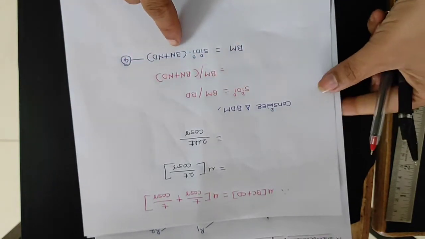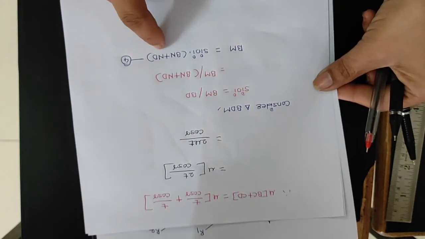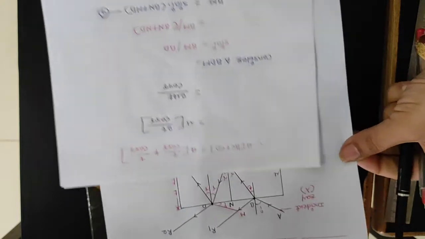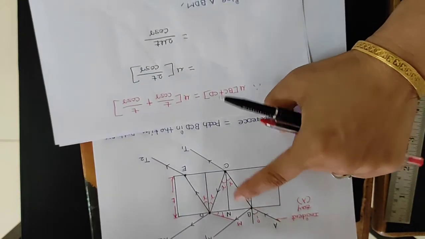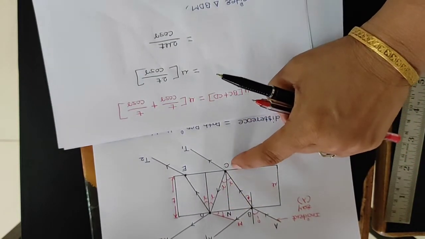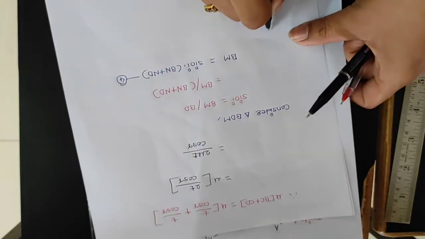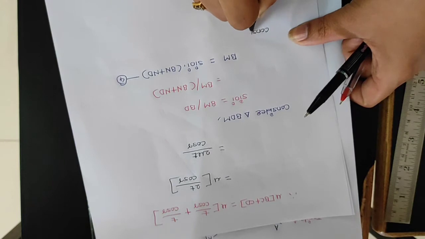Now again here we have to find out the value of BN and ND. So again consider the triangle BCN for finding the value of BN.